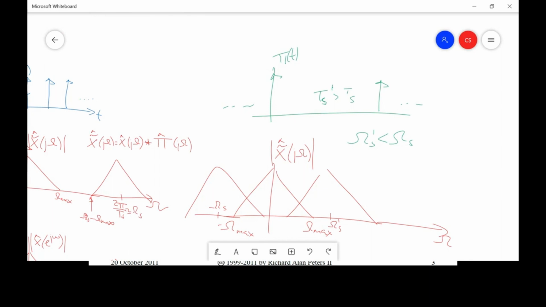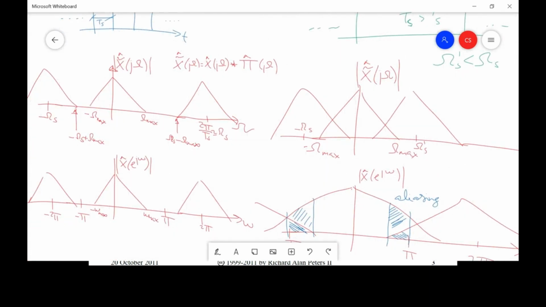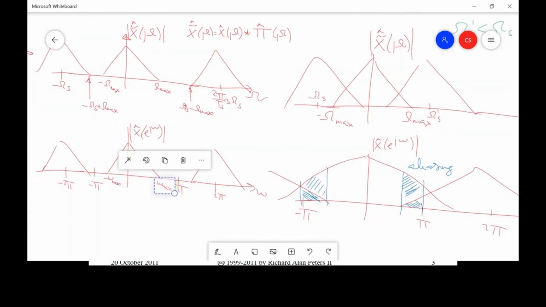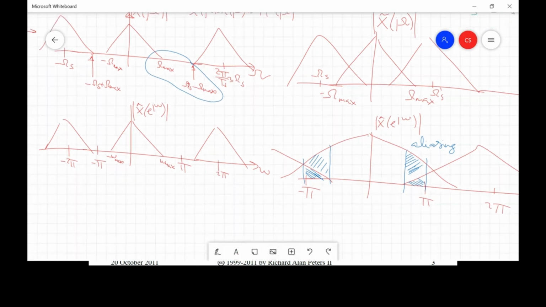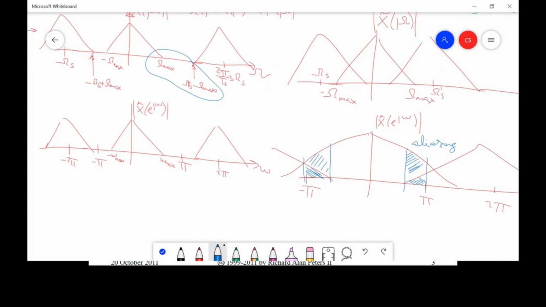Okay, so let's look at this point. What do we want? We want omega s minus omega max to be larger than omega max.